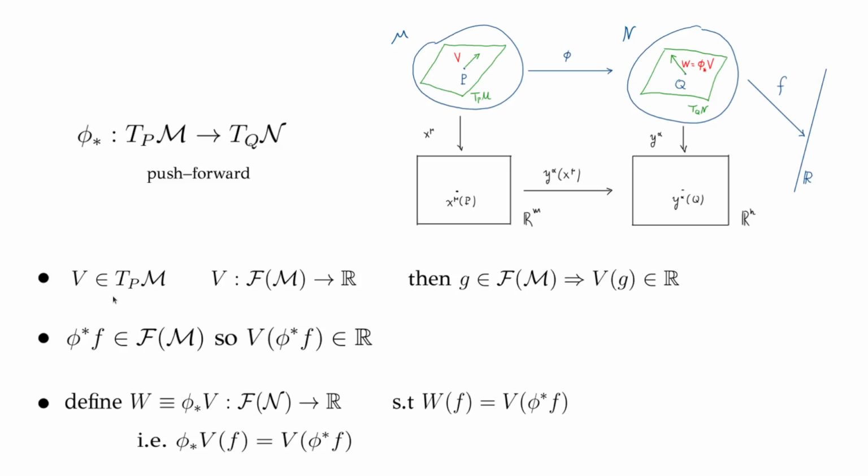Let's consider now any vector v at the point P. This vector is an operator from functions on M to the real numbers. And we have already seen that if we take any function g on M, then the operation of v on g is a real number which we denote by v of g.